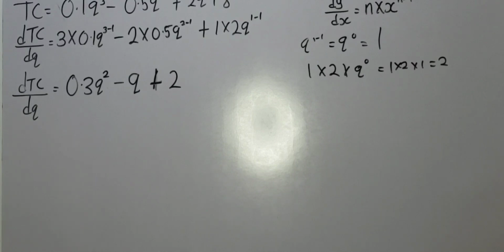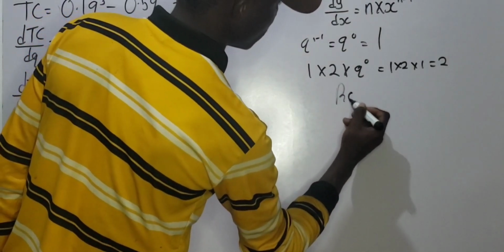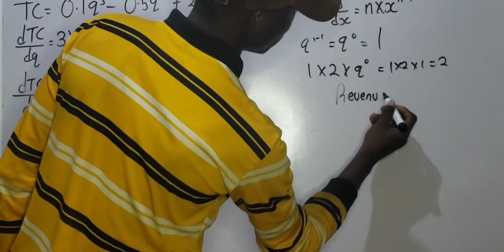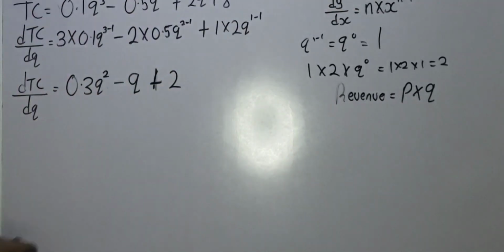That is what is called revenue. Do you get what I'm saying? And revenue is the product of the price and the quantity sold. Do you understand? Please, I want you to note that revenue is equals to price times quantity. Do you understand?